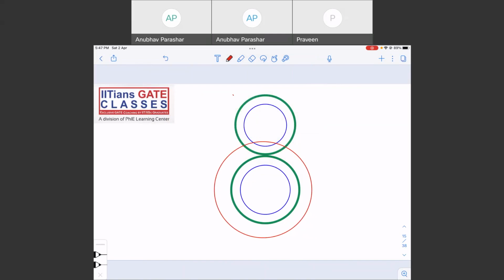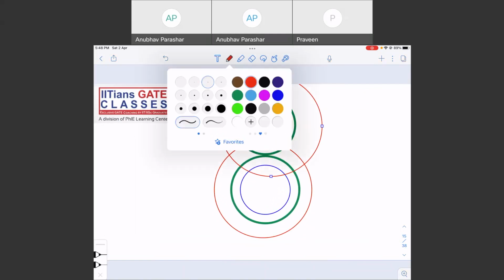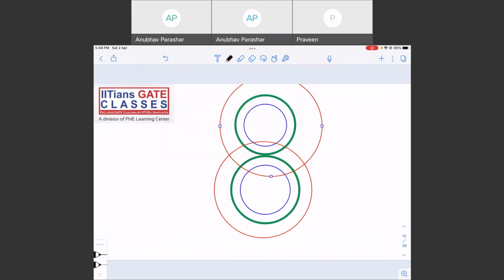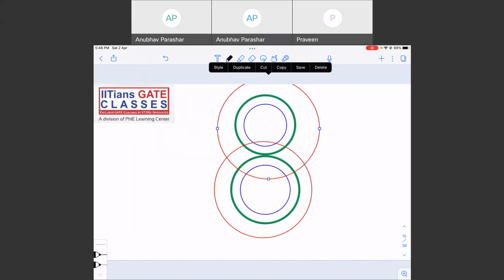This is how the meshing takes place. If you want to see how exactly a gear tooth will look, I'm just drawing one gear tooth. It will start somewhere here and go up till here.